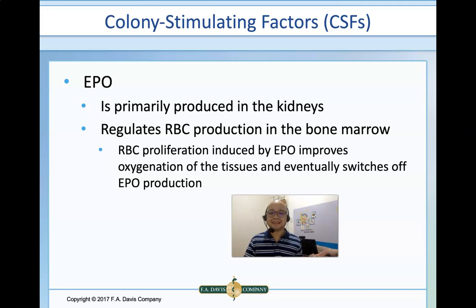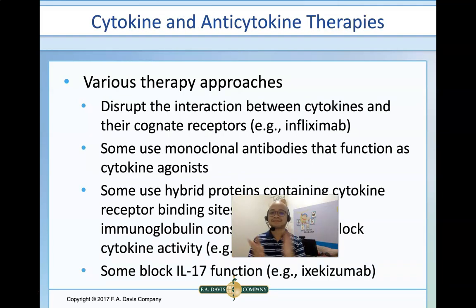Whenever there is EPO, it will improve oxygenation of the tissues because you have more RBCs, and eventually it will switch off EPO production if it is no longer needed. Because the proliferation of RBC means there's more hemoglobin, and then it will cause oxygenation of the tissue. Homeostatic mechanism is very important.